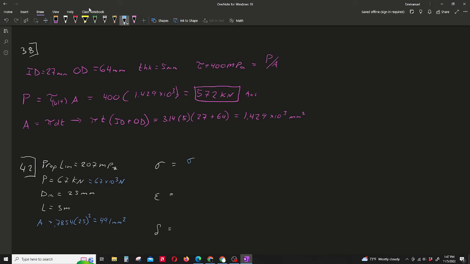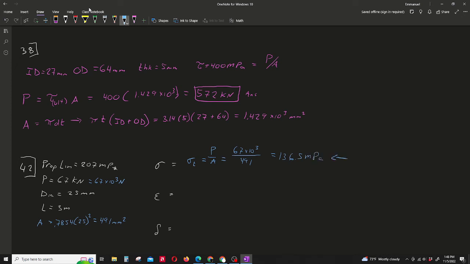All right, so stress. This is tensile stress, right? Tensile stress is equal to our P over A. P over A is going to be 67 10 to the third divided by A, which was the 491, which equals 136.5 megapascals.